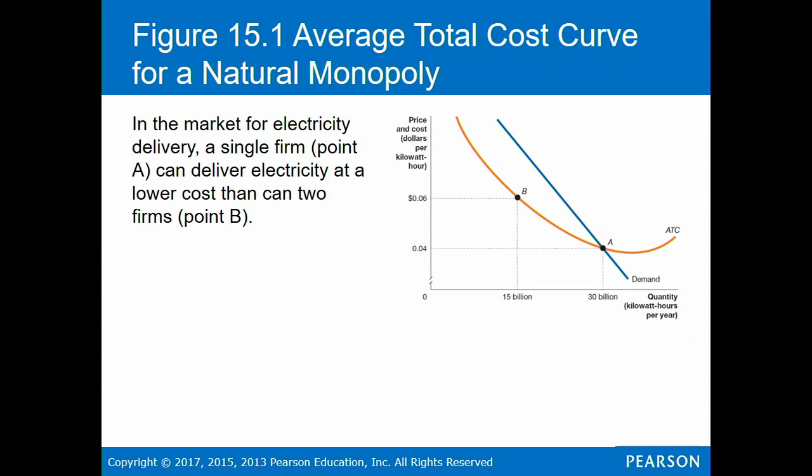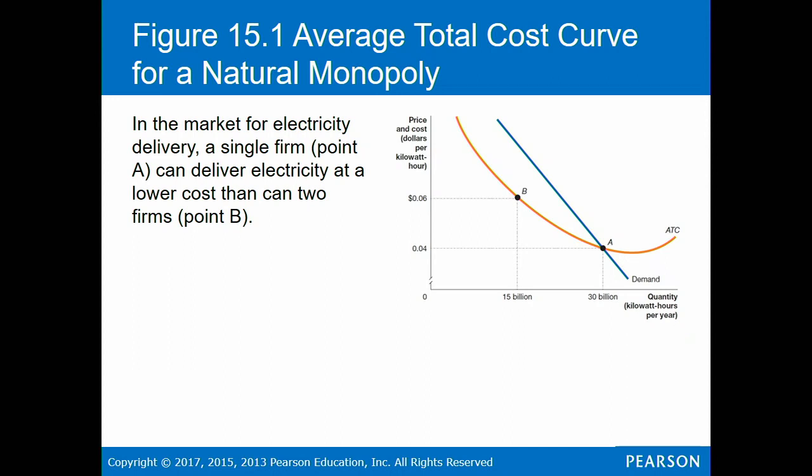This graph of average total cost shows how a natural monopoly occurs. Let's say there's 30 billion kilowatt hours of electricity that people in this area are going to want to use per year. If you have 2 firms, let's say they split the market 50-50.